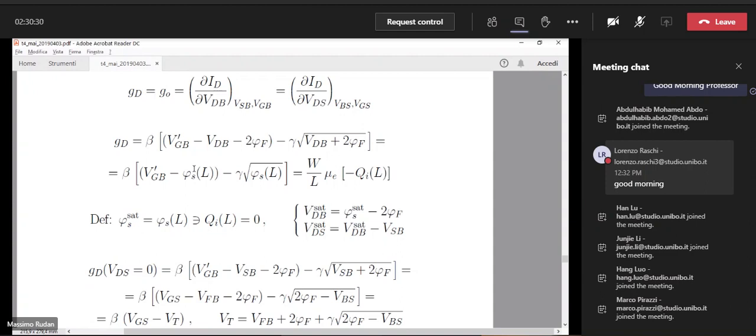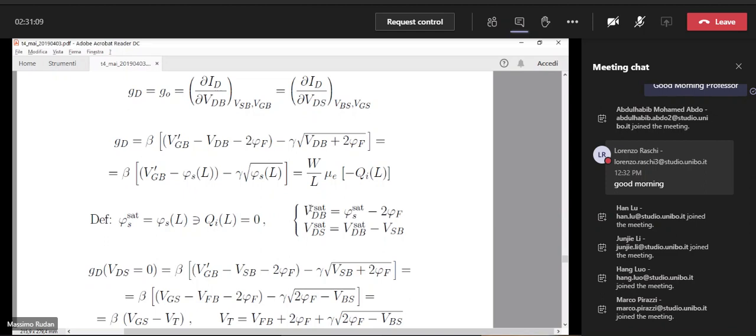Then, remembering that phi s of L is equal to VDB plus 2 phi f, we define the saturation drain voltage with respect to bulk from this relation, phi s of saturation minus 2 phi f. So we simply invert the relation between phi s at the end of the channel and VDB. So this provides us with the saturation voltage at the drain with respect to the bulk.